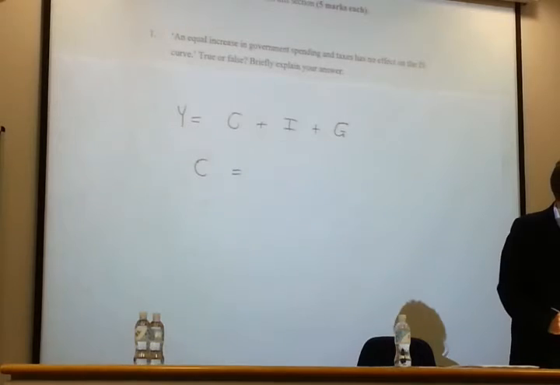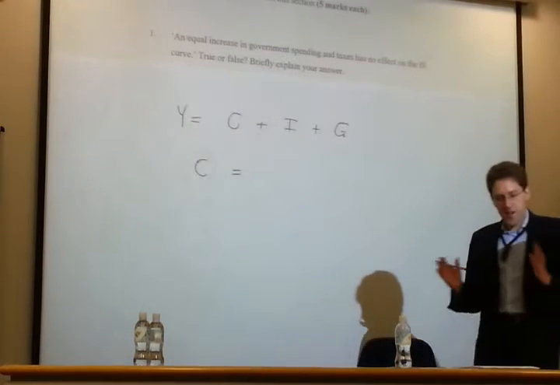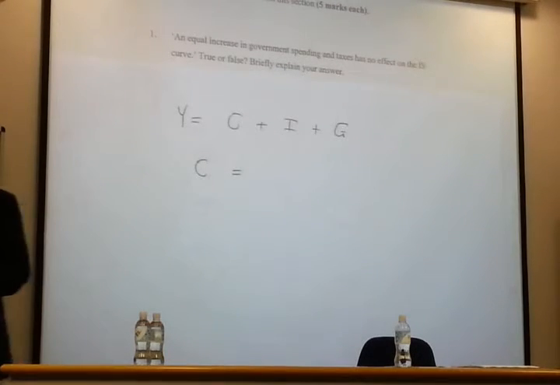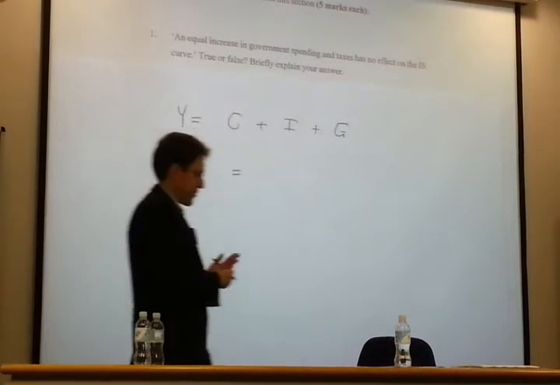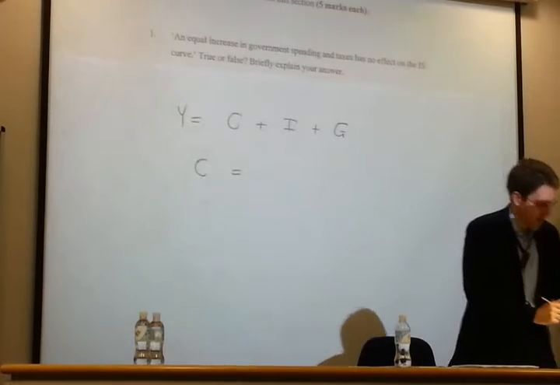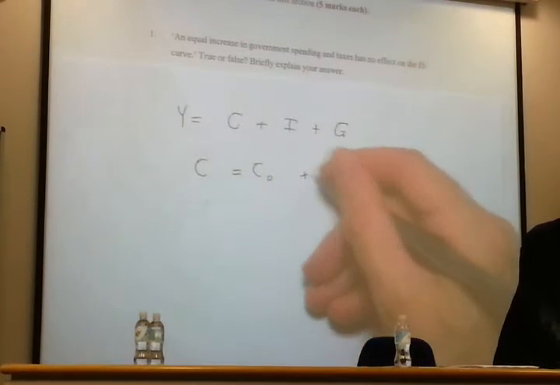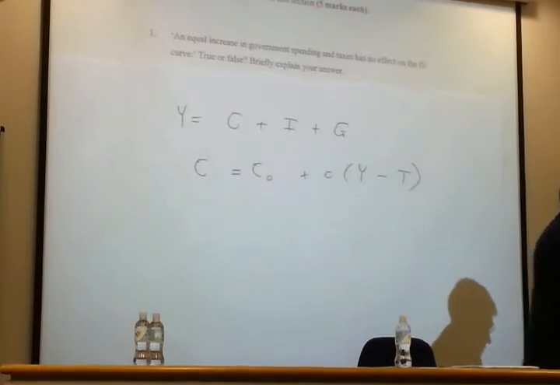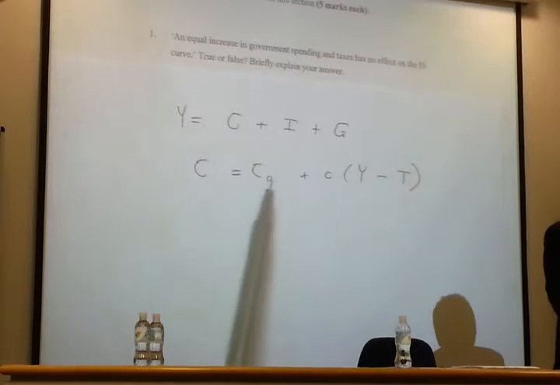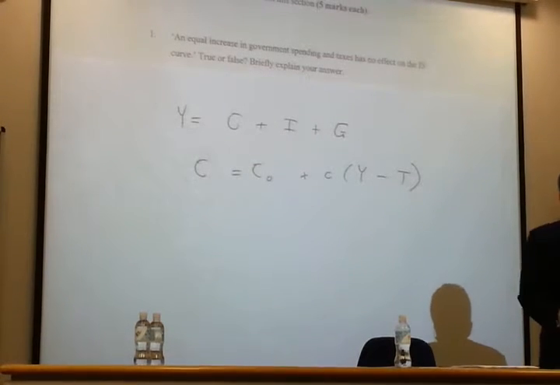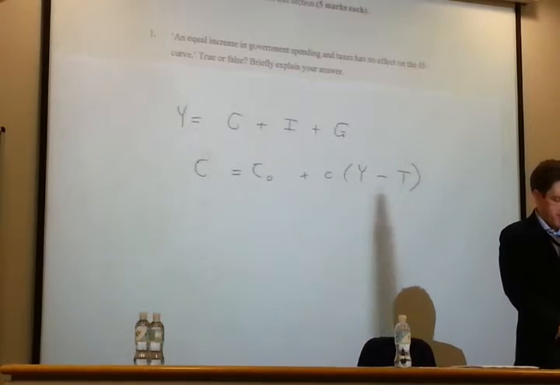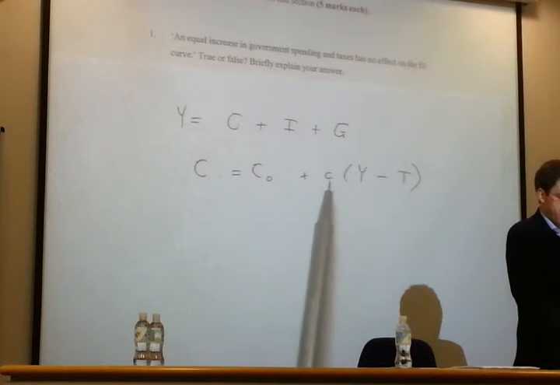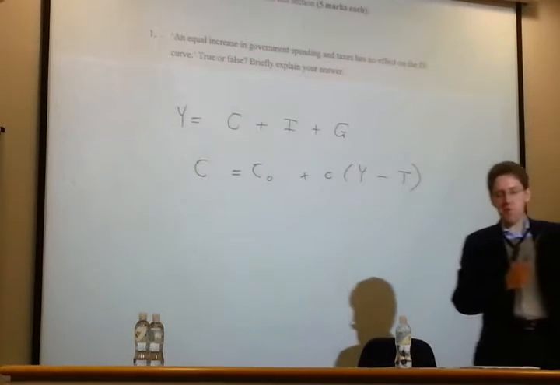So we have to write down what, in our theory of overall demand, is consumption. Consumption is usually assumed to follow the basic Keynesian consumption function. It assumes a dependence on disposable income: autonomous consumption, C0, and then consumption increases with disposable income, Y minus T. What is this small c that multiplies disposable income?